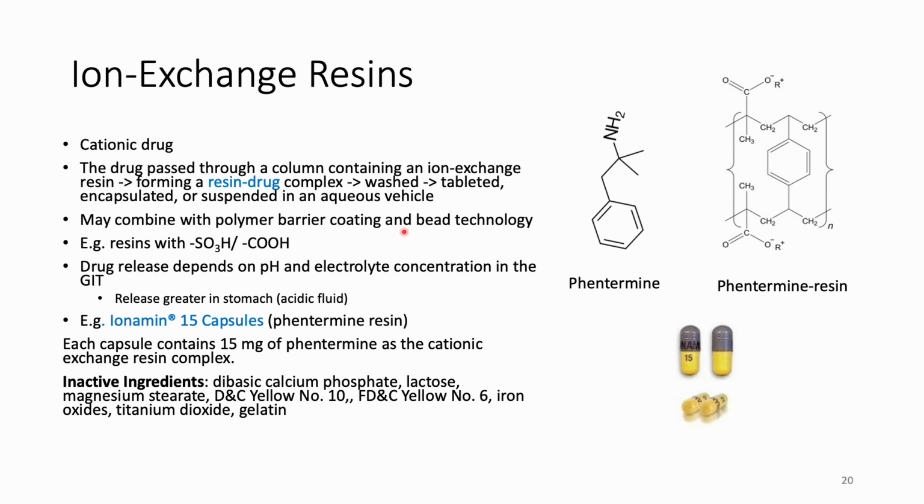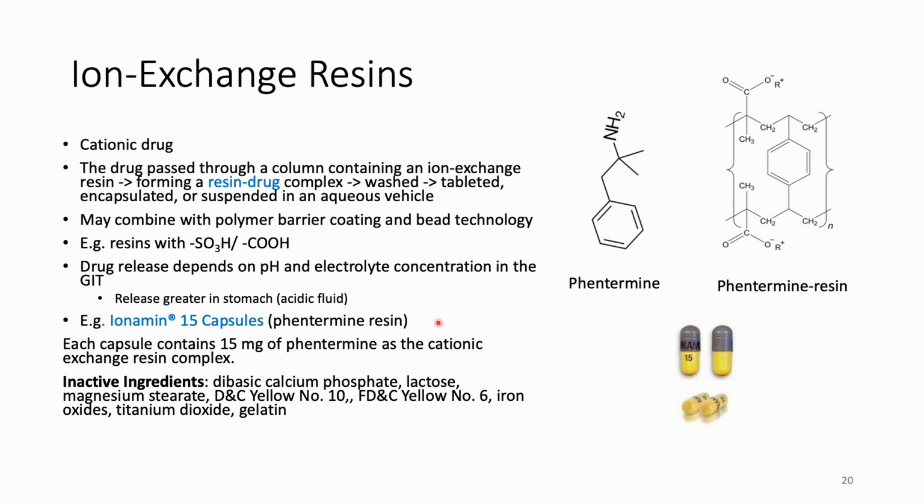The excipients used in this technology are usually polymer barrier coatings and bead technology. For example, the resins have some kind of carboxylic acid or sulfonic acid. The drug release depends on the pH and electrolyte concentration in the GI tract, and normally the drugs are released more in the stomach due to the influence of acidic fluid.